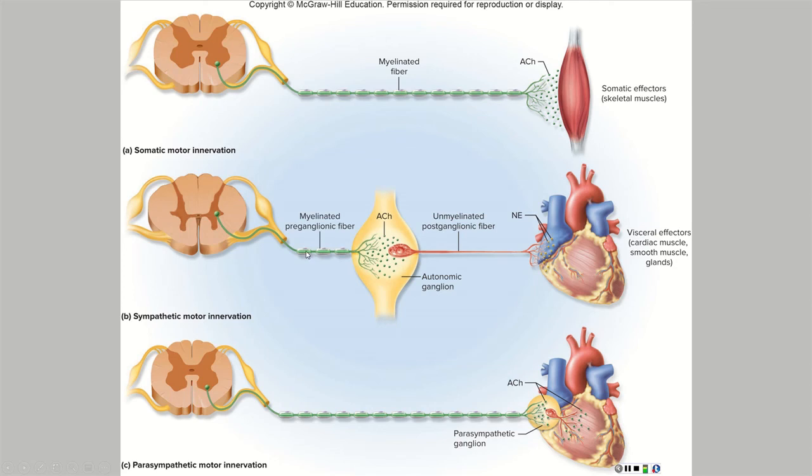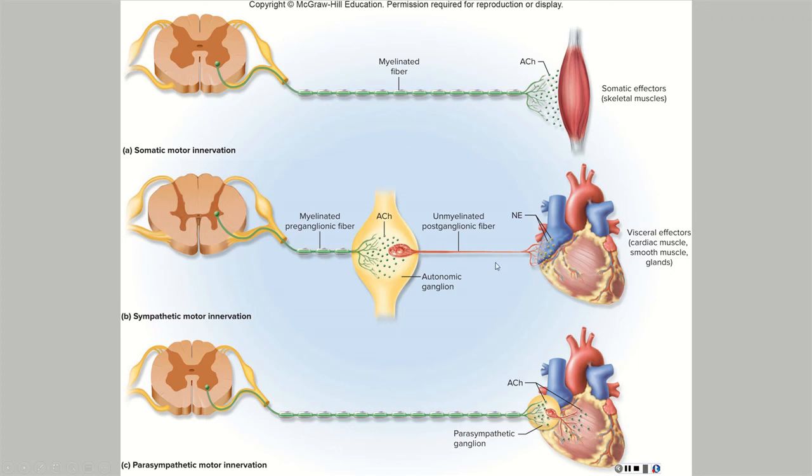So the preganglionic neuron is very short. But now, once we get to the ganglion, we have this next cell body. The nerve going from the ganglion to the organ, so the postganglionic fiber, is going to be really long. It has to go from right next to the spinal cord all the way to the organ that it innervates.